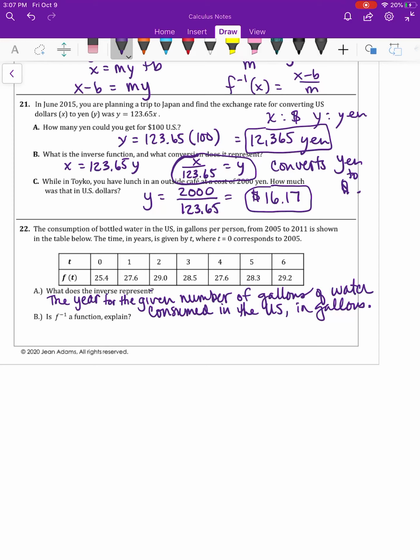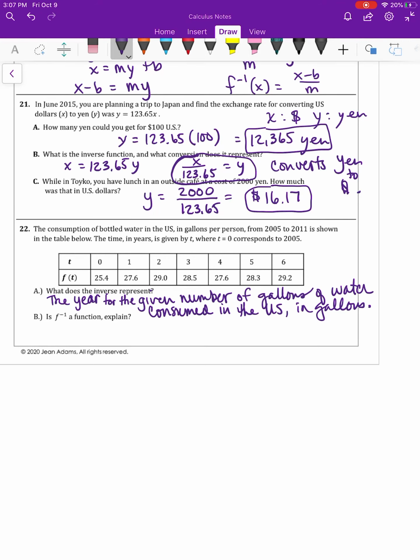Which I think that doesn't make sense, but basically here you put a year in and you're getting the gallons, where on the inverse you're putting the gallons in and you're getting the year. Okay, so it's like your y value is what your answer is. That's what you're getting from that function.